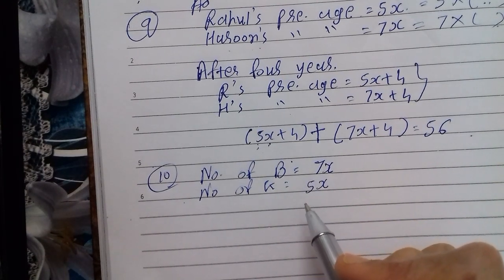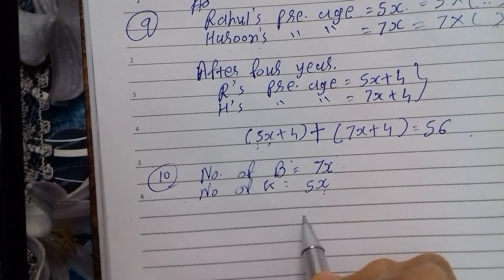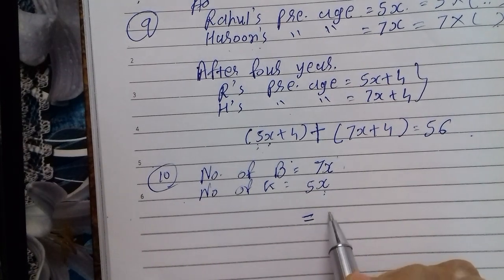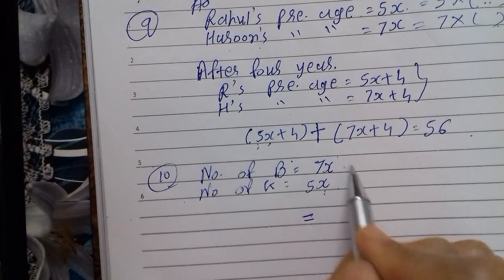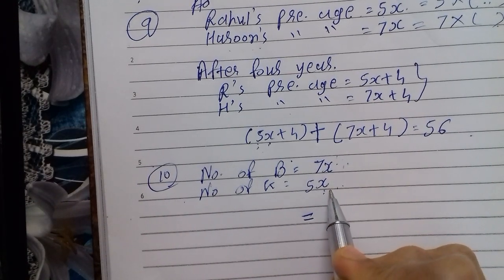Here what is given? The number of boys is 8 more. If you want to put an equal sign, whose number is more? The boys'. And the number of girls is less.